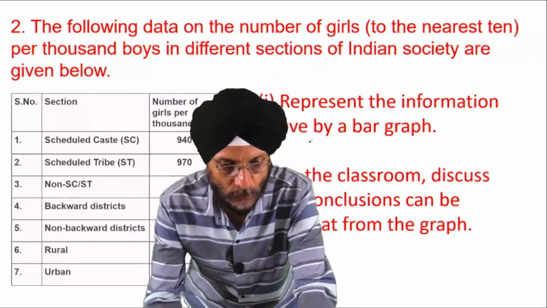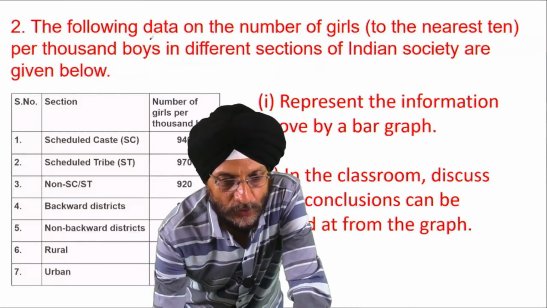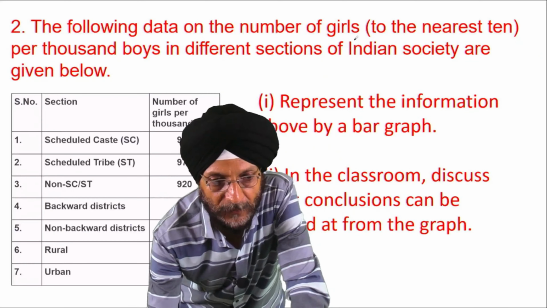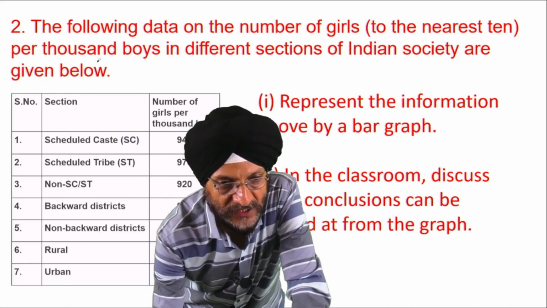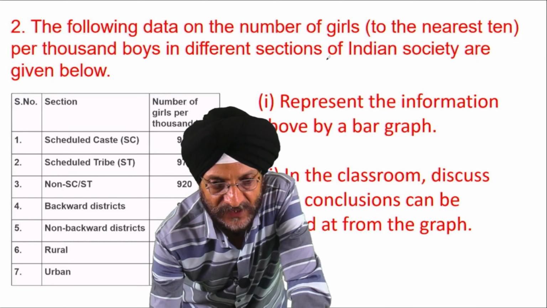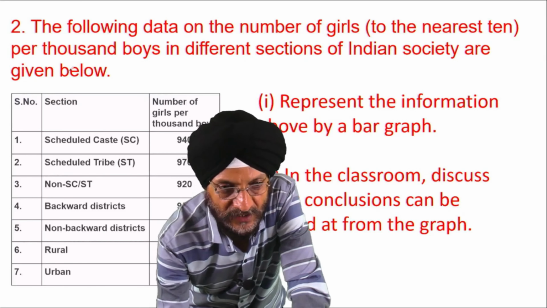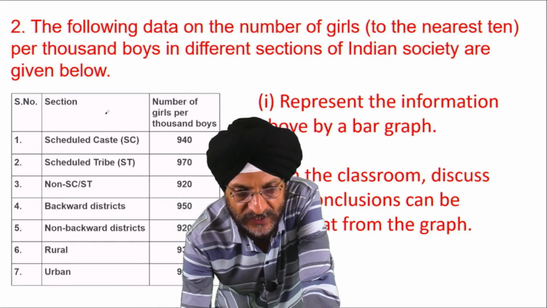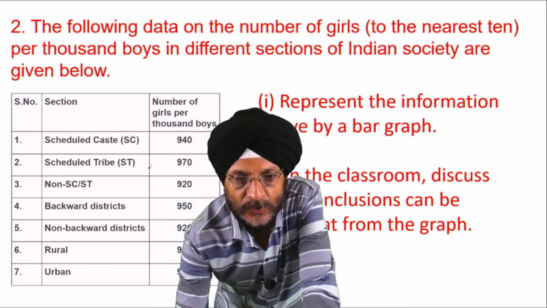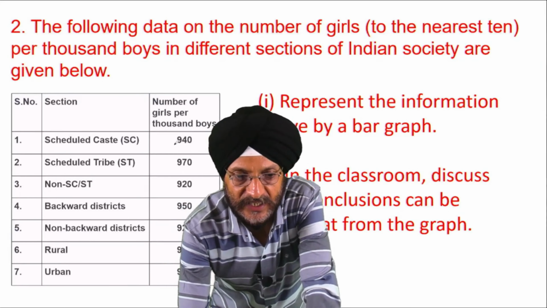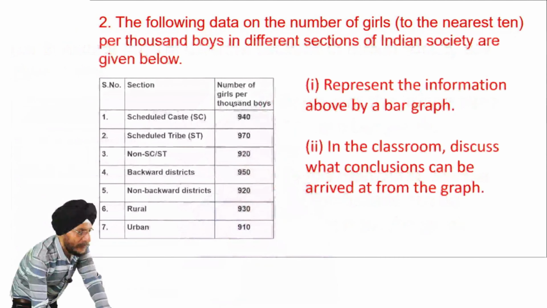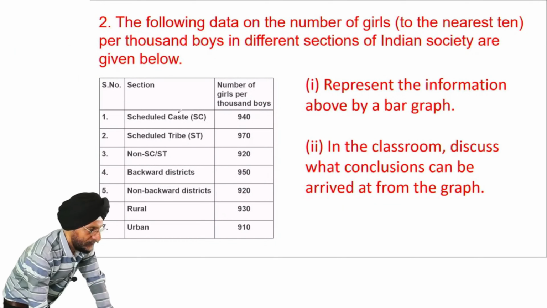Now the question before us is: the following data on the number of girls per thousand boys in different sections of Indian society are given below. This is the table which shows the data in respect of the number of girls per thousand boys in the different sections of Indian society.